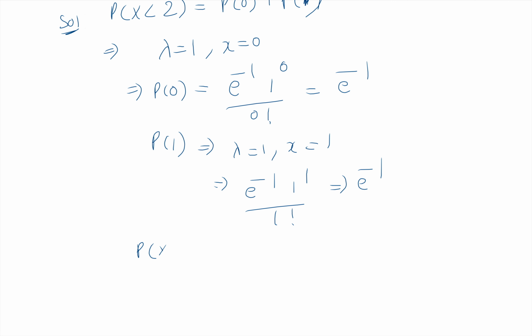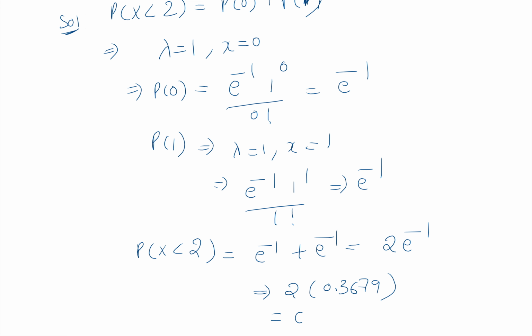Here probability of x less than 2 is equal to e to the power of minus 1 plus e to the power of minus 1, that is 2 e to the power of minus 1, not e to the power of minus 2, which occurs in multiplication, but it is addition. 2 into e to the power of minus 1, we know 0.3679, that is equal to 0.7358.